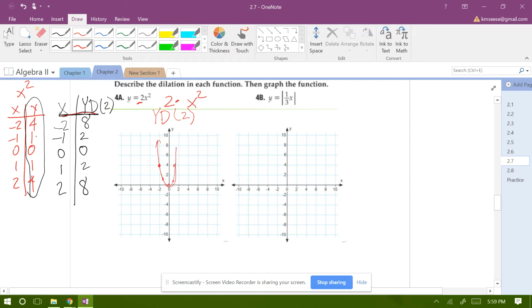oops, hopefully a little better than I did, and then graph my new one: 2, 8, negative 1, 2, 0, 0, 1, 2, 2. Well, that's what my graph should be.